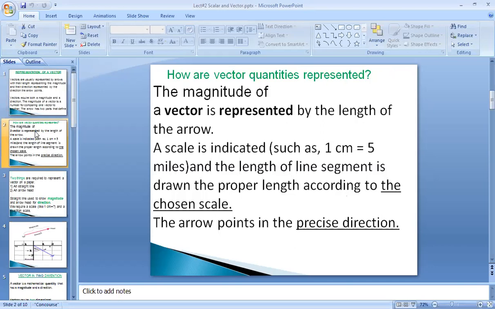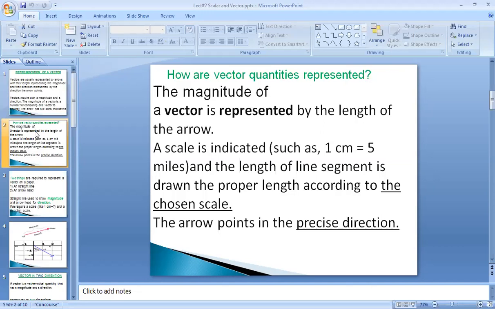This is one example: if you have to represent a displacement vector on a paper, you can draw the lines in kilometers, meters, or miles. So you have to take a scale, something like 1 cm equals 5 miles, 5 kilometers, or 10 miles, 10 kilometers, 10 meters.